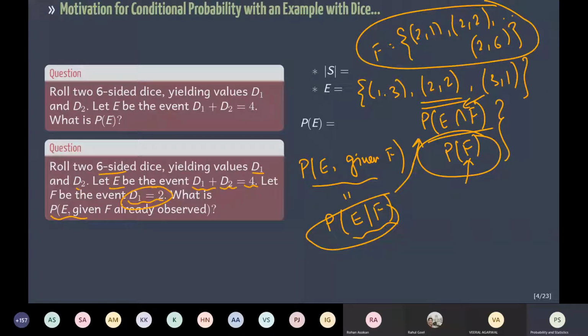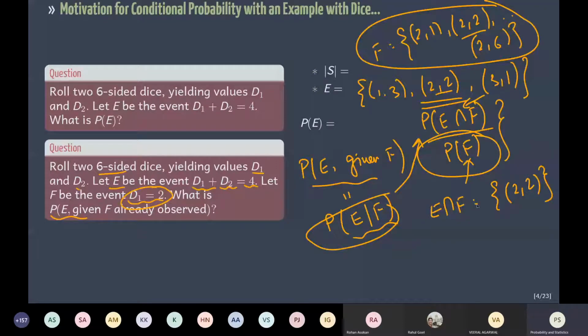Now E intersection F will be (2, 2). E intersection F is this, and F we already know.